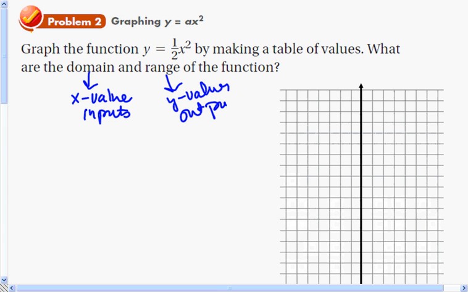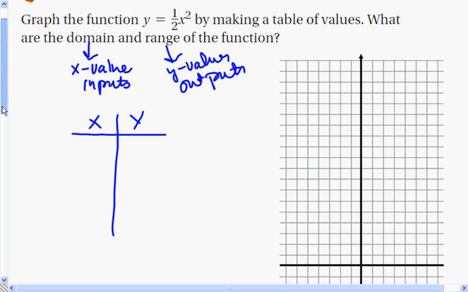All right, so we're going to make a table of values. I'll help you get started on that, and then I'll let you fill it in. I'm thinking we should do values like -6, -4, -2, 0, 2, 4, and 6.